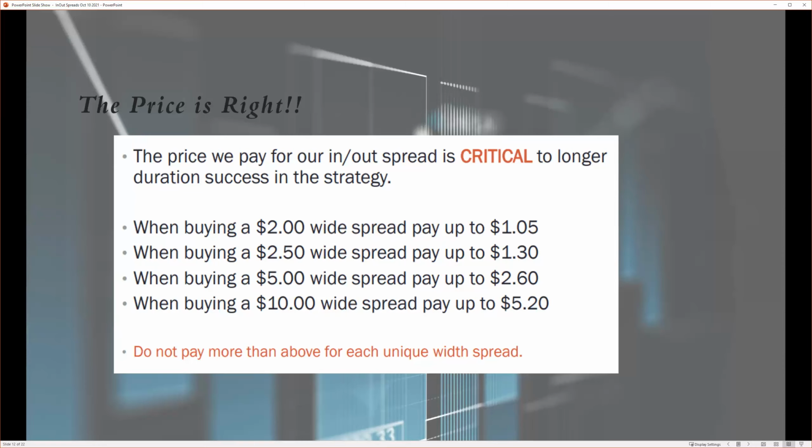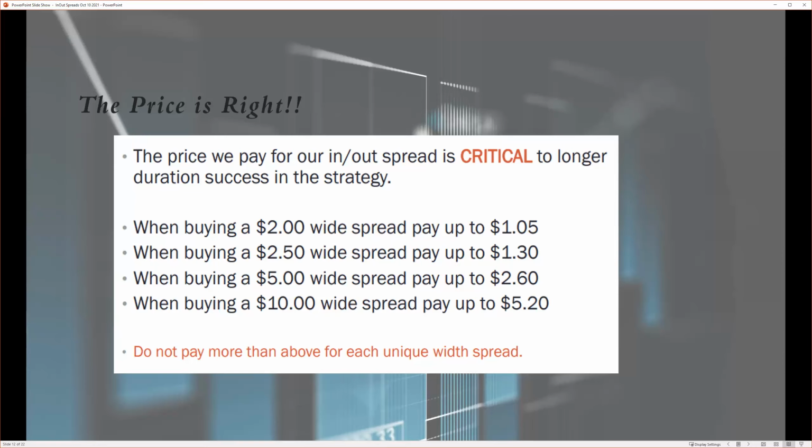In other words, if we're buying a $2 wide spread, 20 call, 22 call, that's $2 wide. The maximum that you can win, or that you can sell that spread for in the future, is $2, because it's $2 wide. It has to cost no more than $1.05.